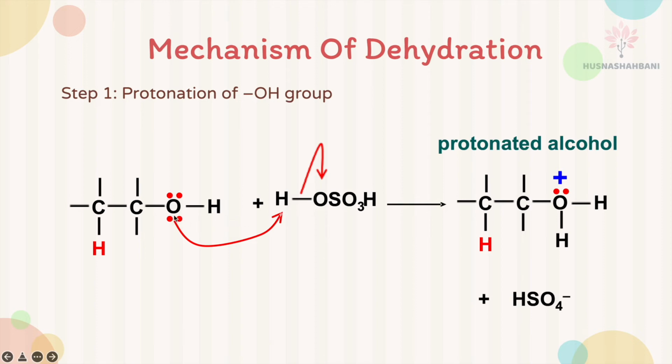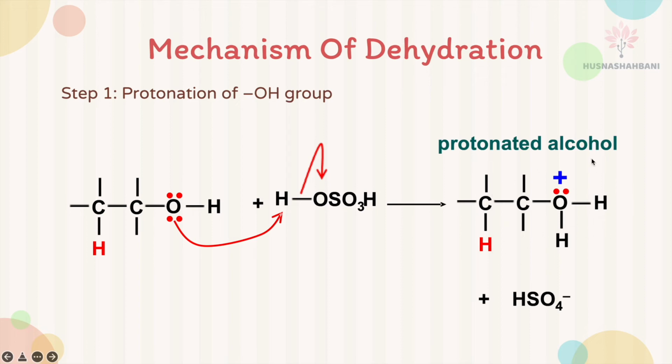When this oxygen uses these 2 electrons to form a bond with the hydrogen, the 2 bonding electrons here are transferred to the oxygen in H2SO4. Both electrons are transferred to the oxygen, making the protonated alcohol product.